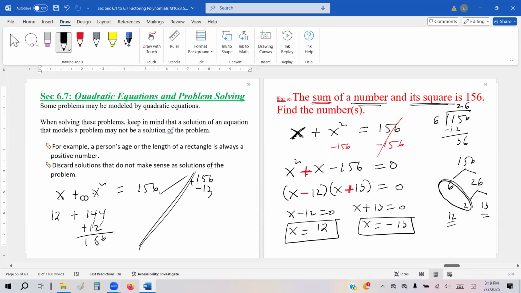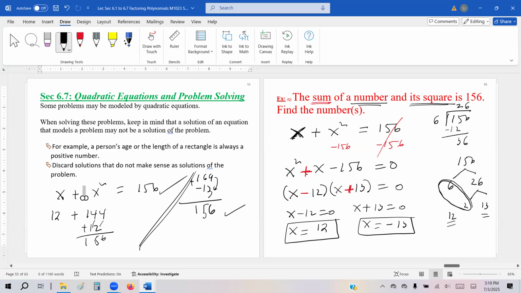I think 156. No, not 156. 169, right? 169 minus 13 is 156. It works. So yeah, both of them work.